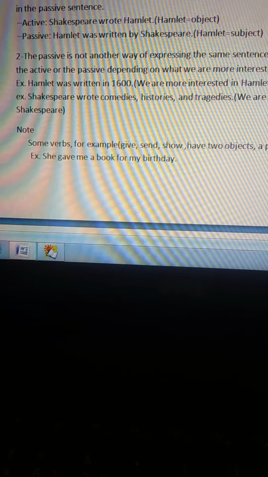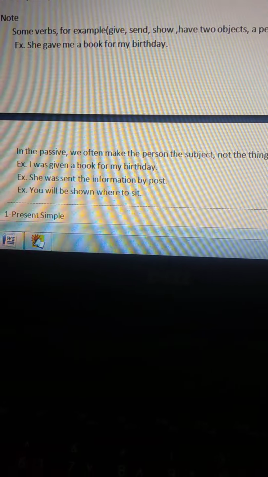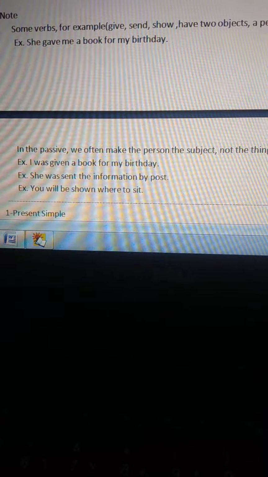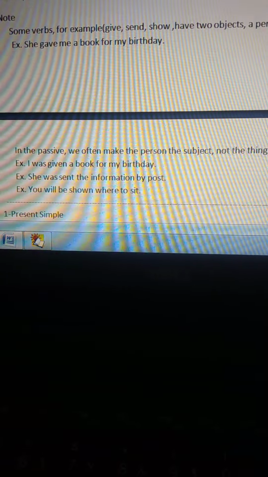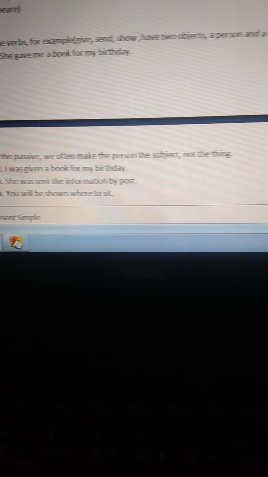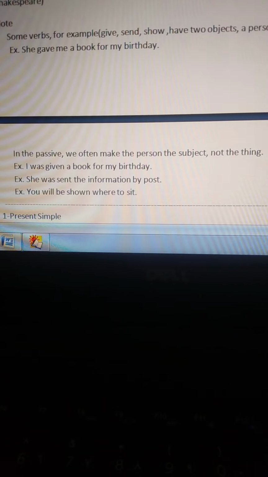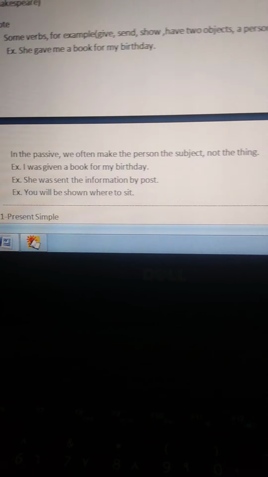Note. Some verbs, for example give, send, show, have two objects, a person and a thing. Example: she gave me a book for my birthday.